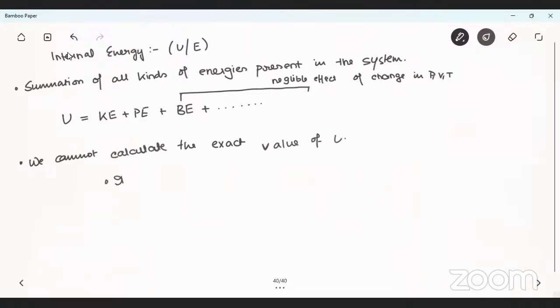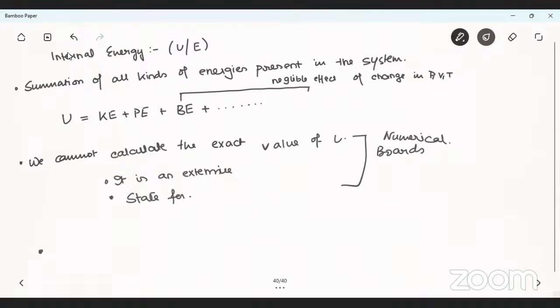Because it is an extensive property and it is a state function. These are the types of questions you can expect in the numericals of your boards, so be very careful. That is why we can't calculate it. In thermodynamics, we consider the system at rest and accept gravitational fields, and all other fields are assumed to be absent.